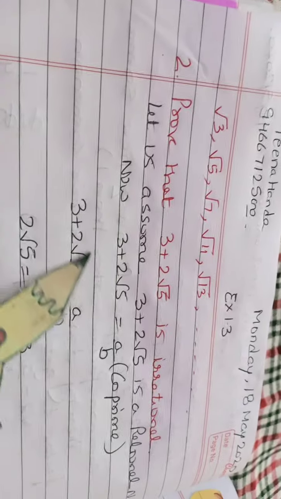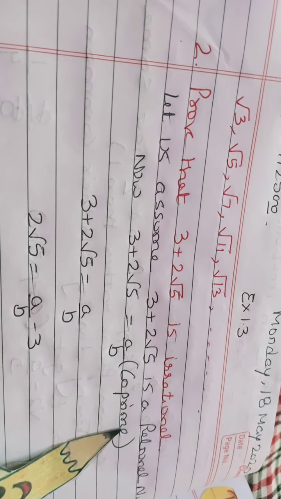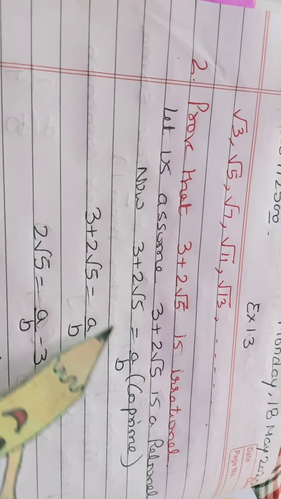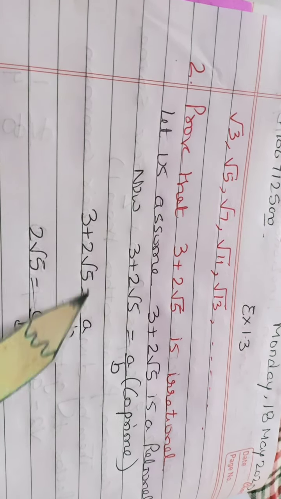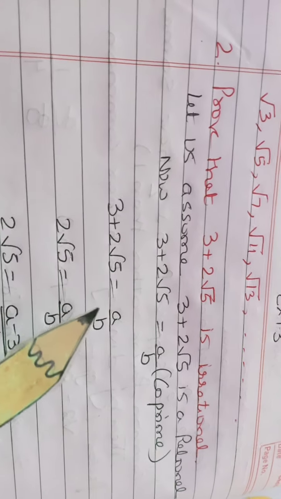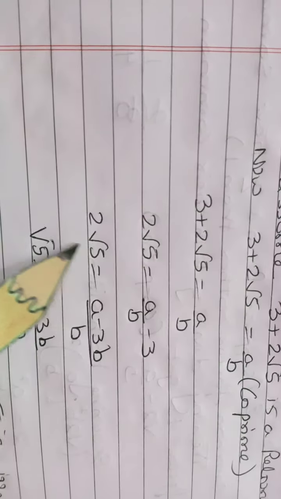Now if it is rational, put it equal to a/b with co-prime a and b. For this type of number, when it is a combination of rational and irrational numbers, in these types of sums we only make the irrational part separate.